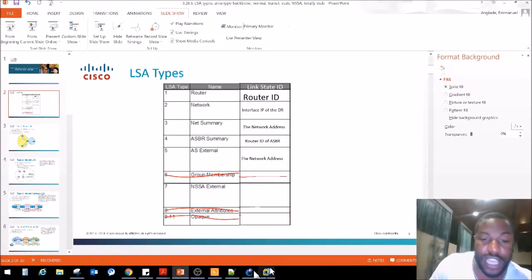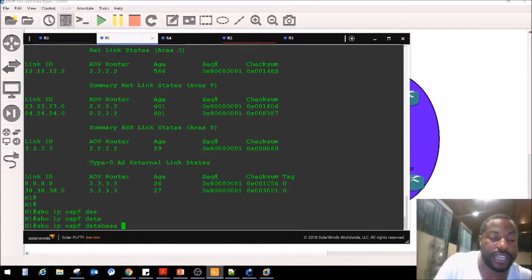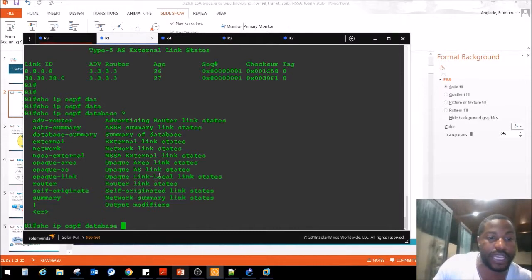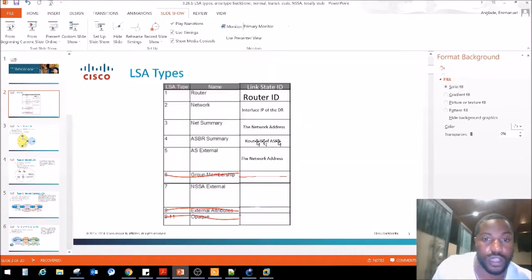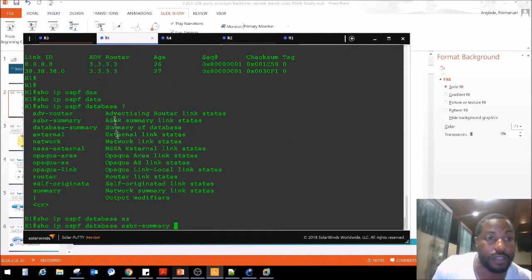Let's break down the type 4 LSA. We're going to do show IP OSPF database. We want to take a look at a type 4, and type 4 is also known as an ASBR summary. The link state ID is the router ID of the ASBR. Who is the ASBR? It's the advertising router, basically.